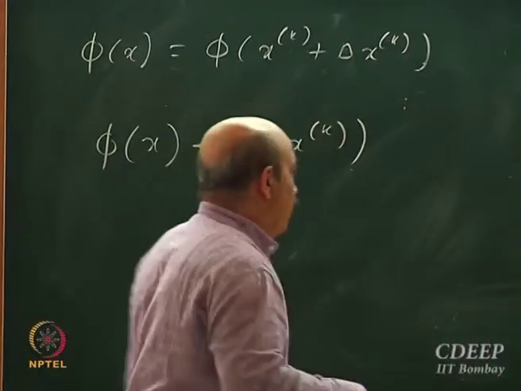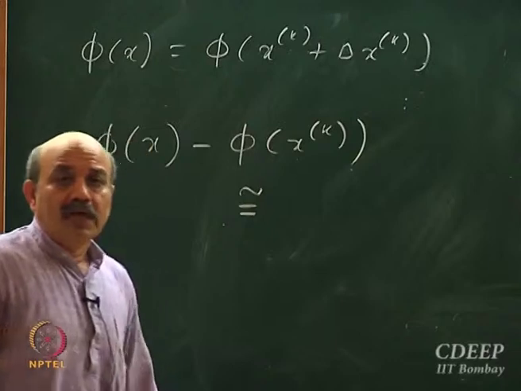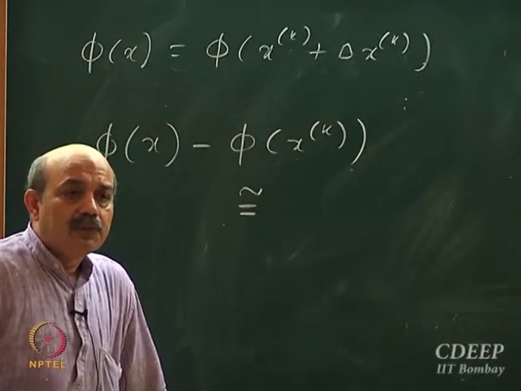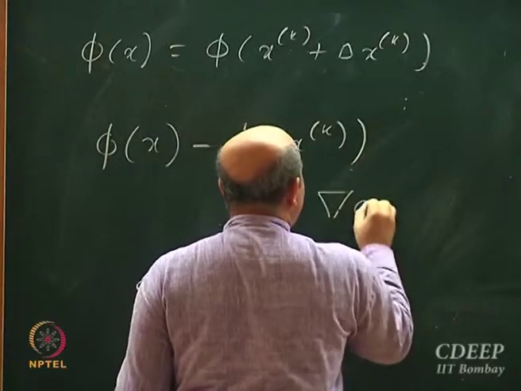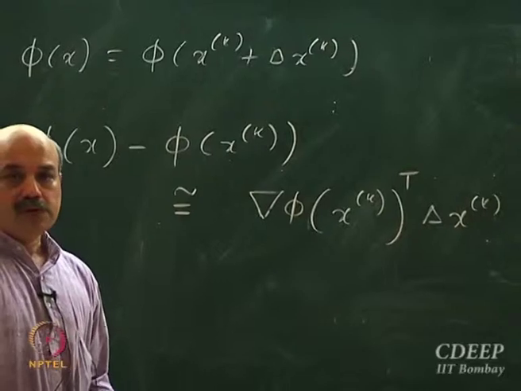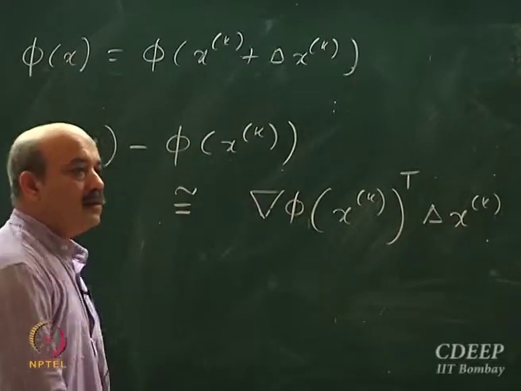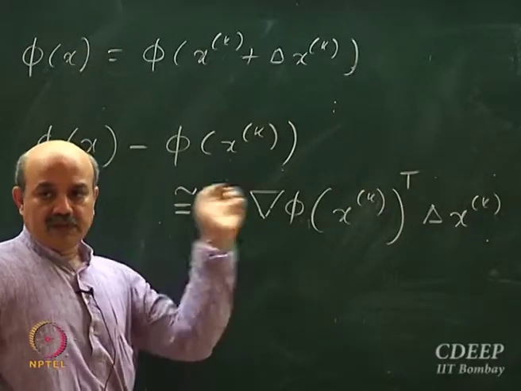In a small neighborhood, this is approximately equal to the gradient of phi, which is given by this.